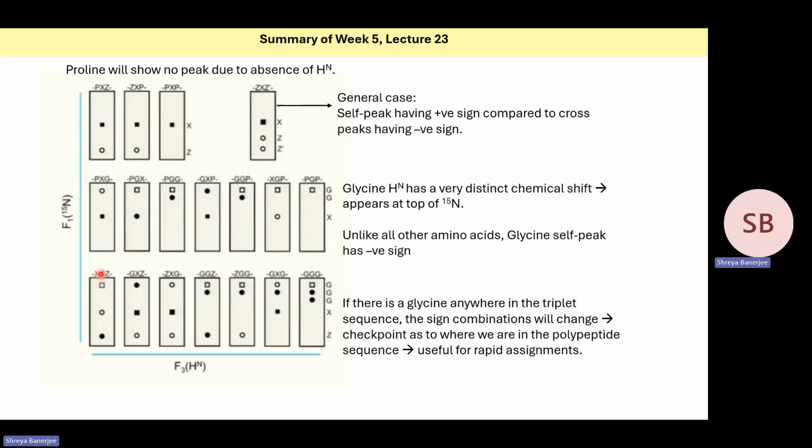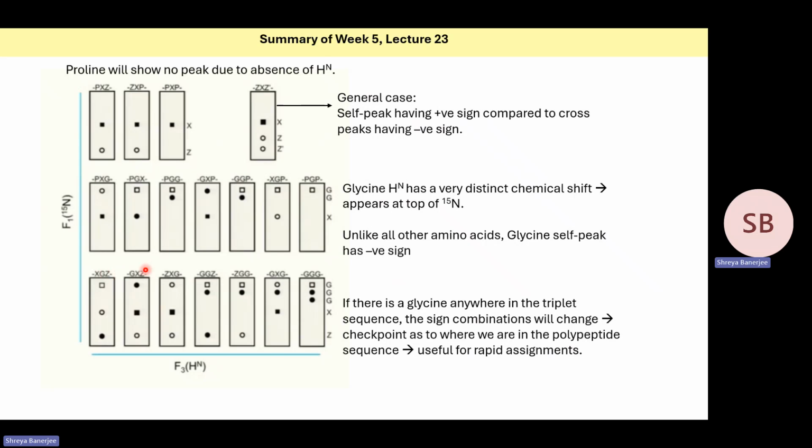So we are considering the square to be the self peak, and if it is black, that means it is positive, and if it is white, it is negative. The general case we saw is that the self peak is positive and the sequential peaks are negative. But in glycine, if you have XGZ, then the glycine self peak is negative, and in the cross peaks, one is positive and one is negative.